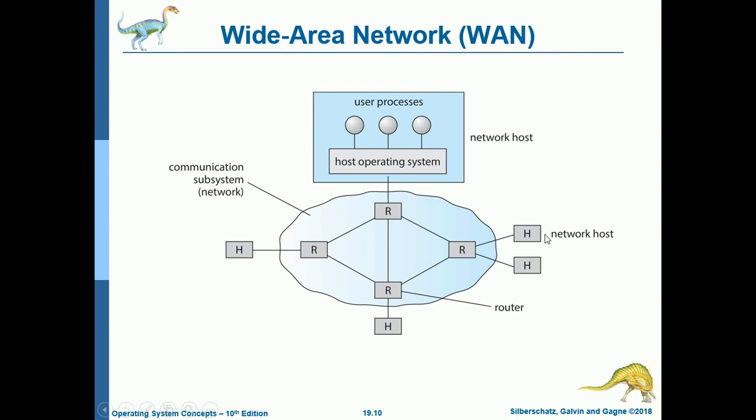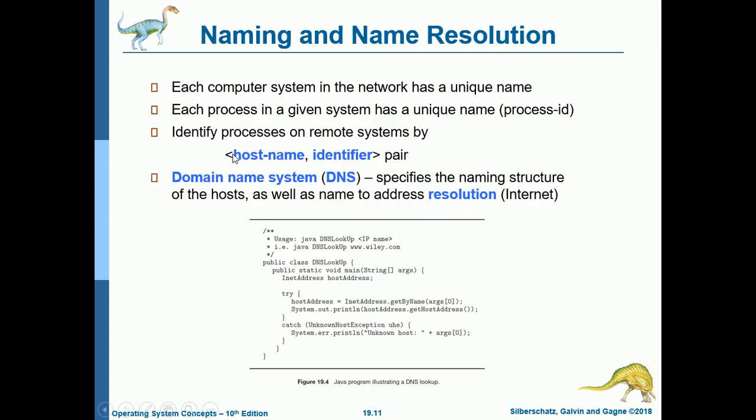And then we have the network host. For this example, the network host can be illustrated here. We have the host operating system and of course the user processes. Okay, next we have naming and name resolution. Each computer system in the network has a unique name, whether by means of an IP address or a MAC address.